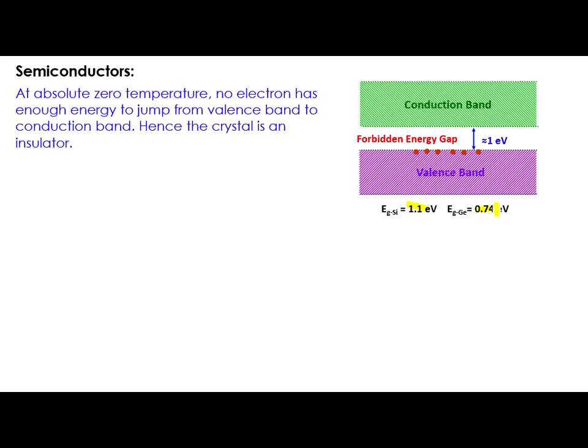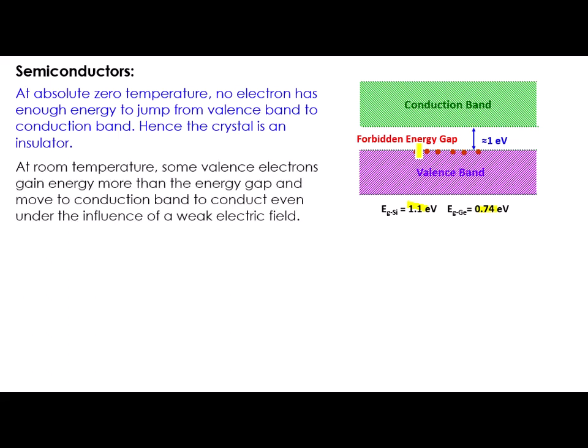In this case also, at absolute 0 degree Kelvin, no electron has enough energy to jump from the valence band to the conduction band. Hence, the crystal will be called an insulator at absolute 0 degree Kelvin. But when a slight heat energy is supplied, that means at room temperature, some valence electrons get more energy than the energy gap.